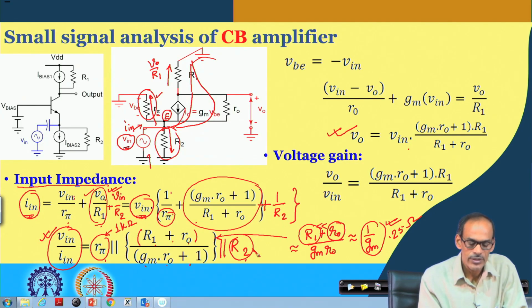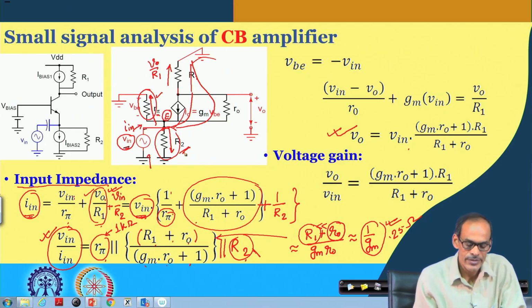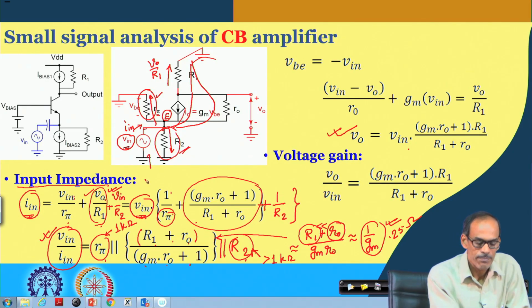This resistance, depending on what kind of biasing arrangement we are considering here, may be higher than kilo ohms. So, we may say that the input impedance is quite low, it may be in tens of ohms.